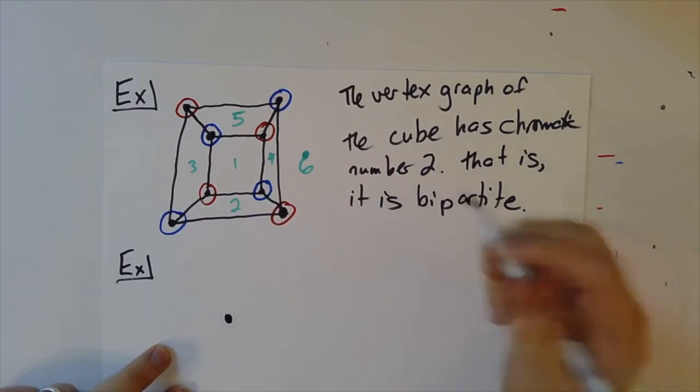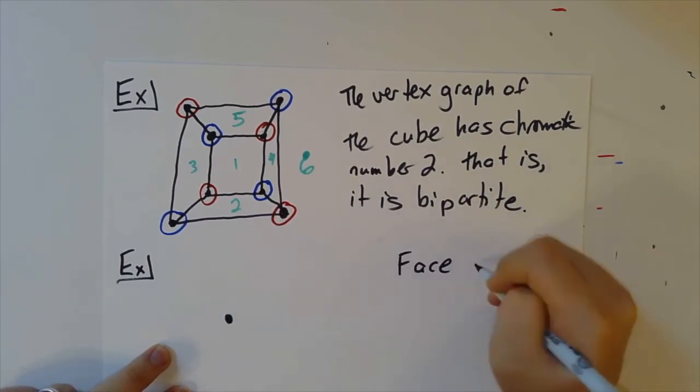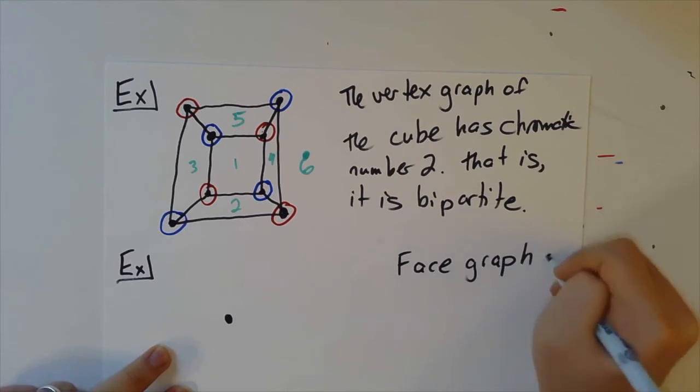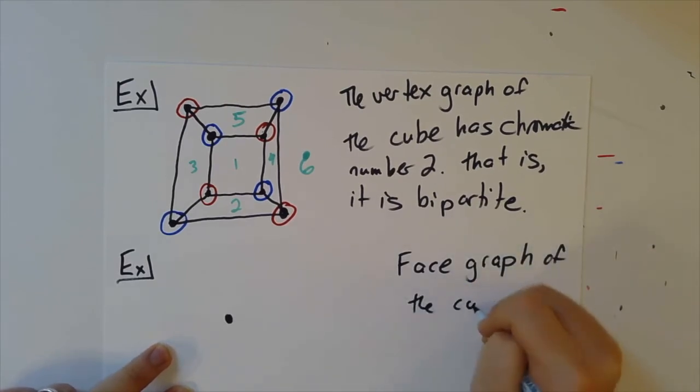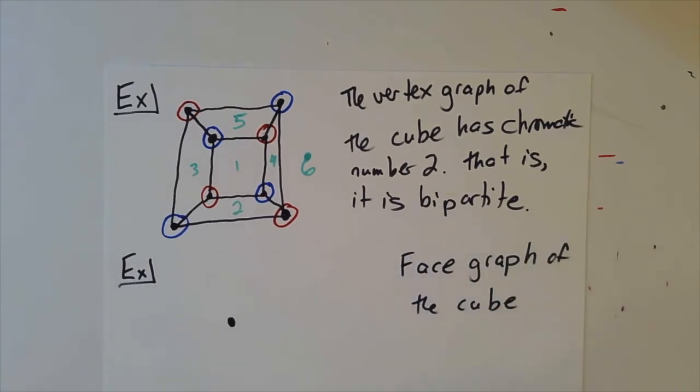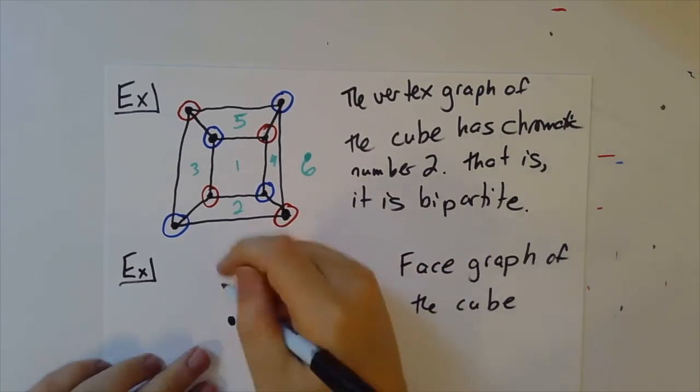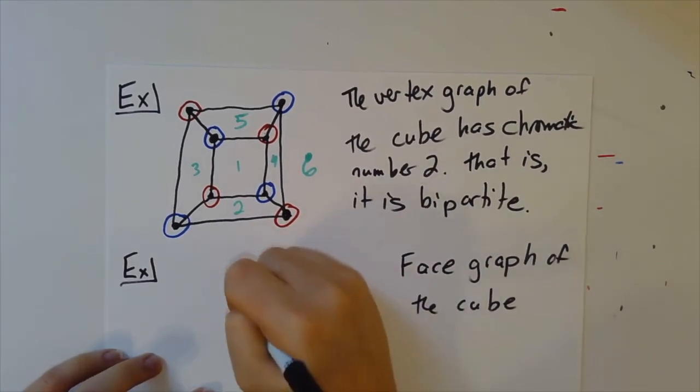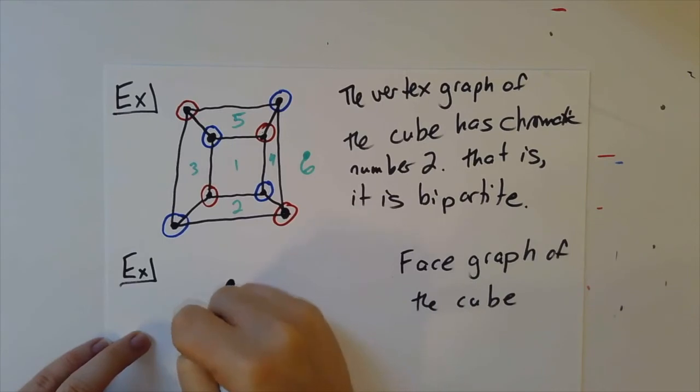So here is the face graph. Okay, so there is 1, and it's connected to each of these others.